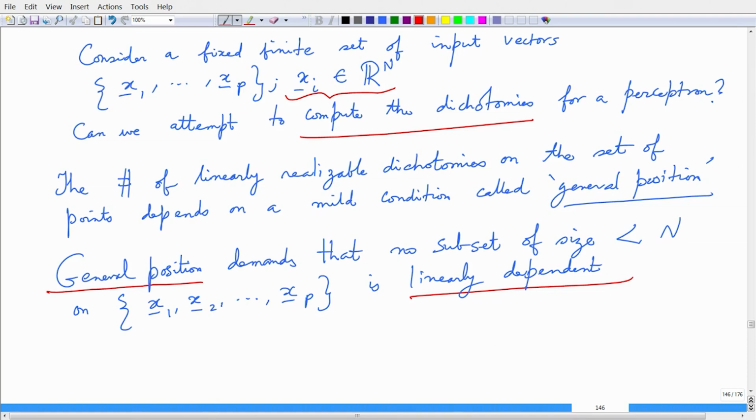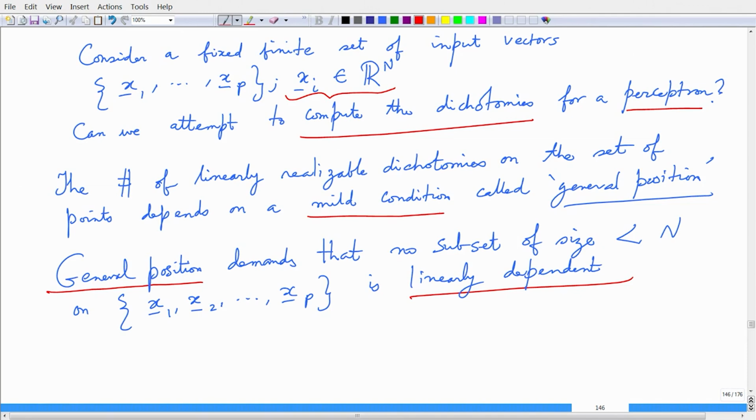Can we attempt to compute the dichotomies for a perceptron? This is the first algorithm that we learned, and we would like to compute the dichotomies for a perceptron. The number of linearly realizable dichotomies on the set of the points depends on a mild condition called the general position.